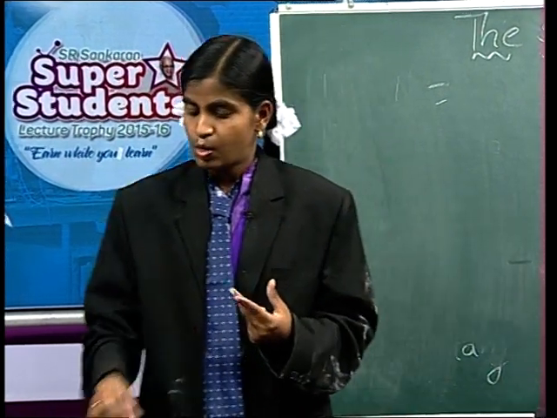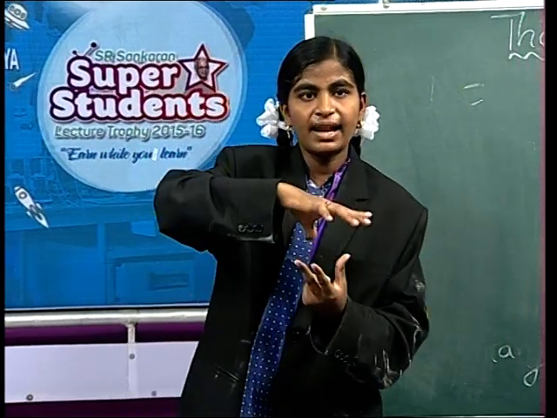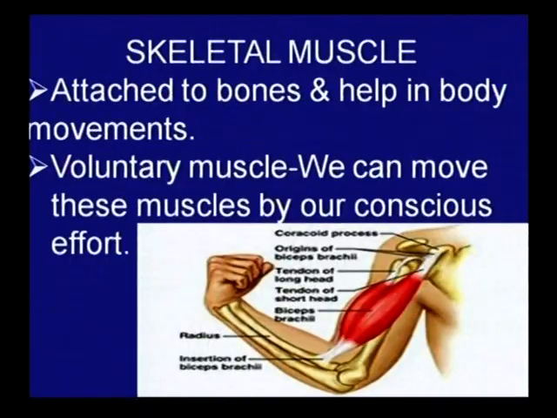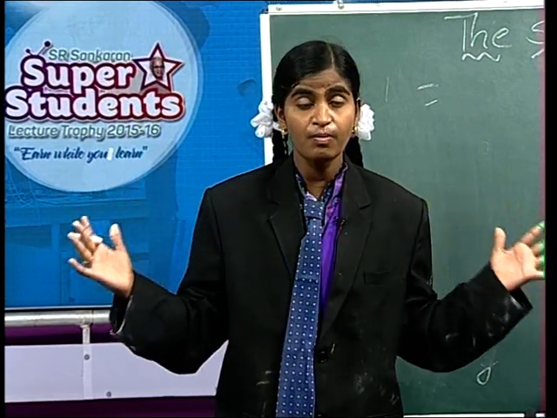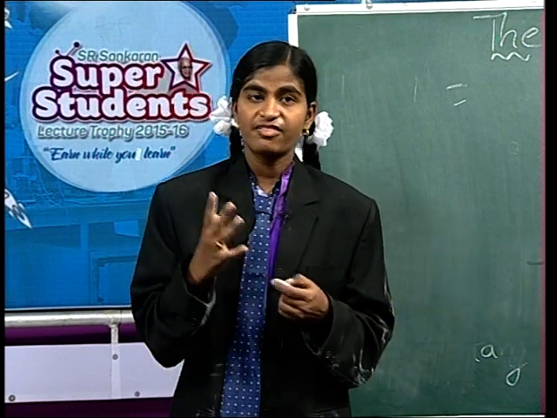Generally, the upper layer which covers the skeletal muscle is called epimysium. The skeletal muscle in our body is made up of a number of muscle bundles, and those muscle bundles are called fascicles.